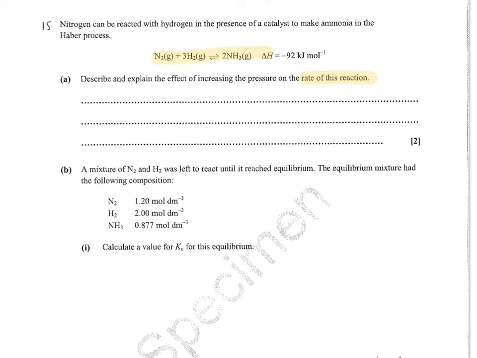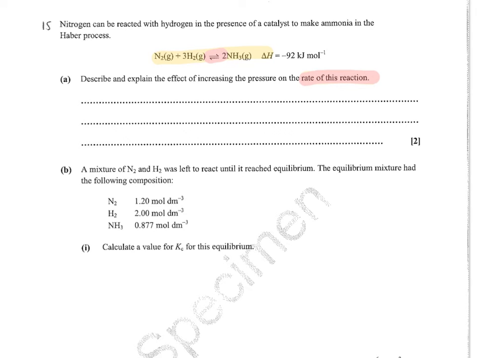If we're talking about equilibrium, pressure would have a slightly different effect, and it would shift it one way or another. But it's the rate of reaction they want you to think about. So it's not actually asking you, at this point, anything to do with the equilibrium. They're being a little bit cheeky by asking you about rate of reaction, but then in the textbook it says rates and equilibria, so we group the two together.